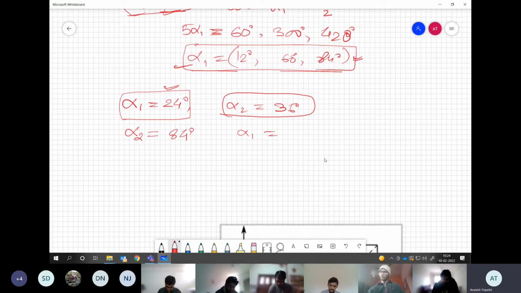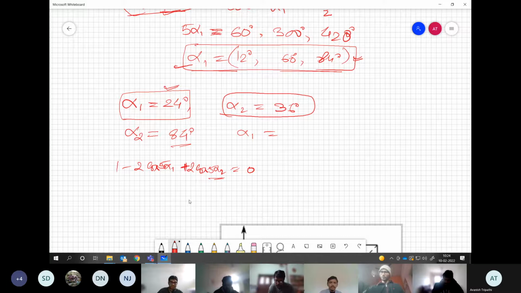Okay, let us see. So you have 1 minus 2 cos 5 alpha 1 plus 2 cos 5 alpha 2 equal to 0, right? Alpha 2 you are inserting as 84. So what is 5 alpha 2 corresponding to that? 420.